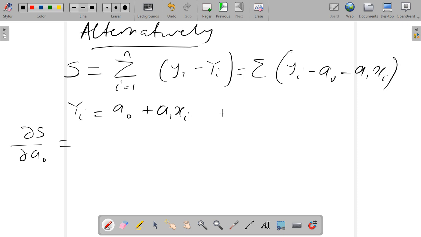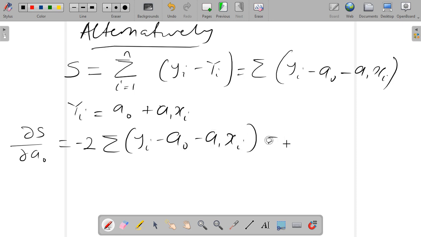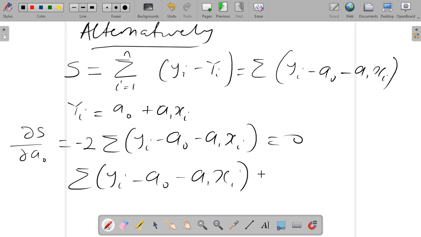Okay, so if I differentiate this, remember we got minus 2 the summation of your yi minus a0 minus a1 xi to be equal to 0, where we divide by minus 2 to have that the summation of your yi minus a0 minus a1 xi is equal to 0.